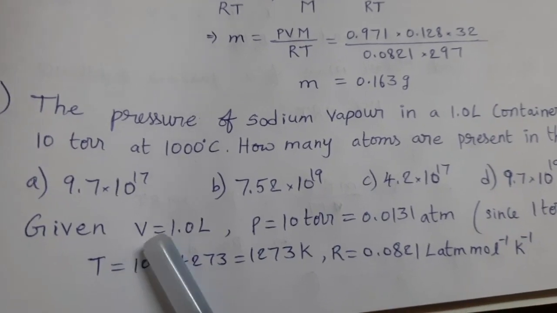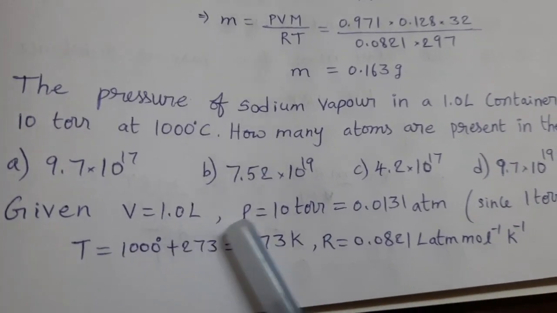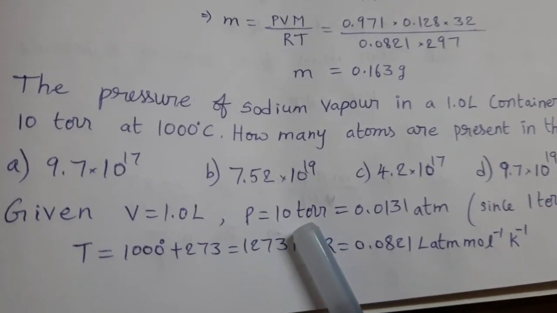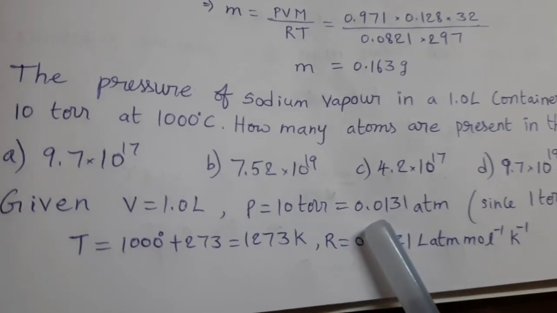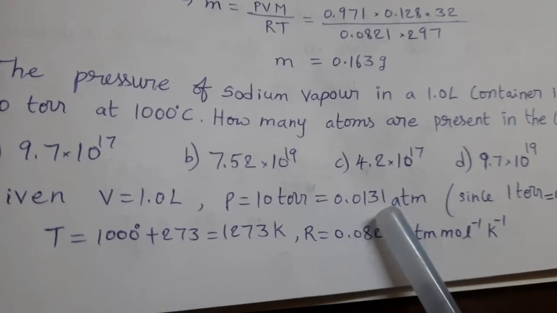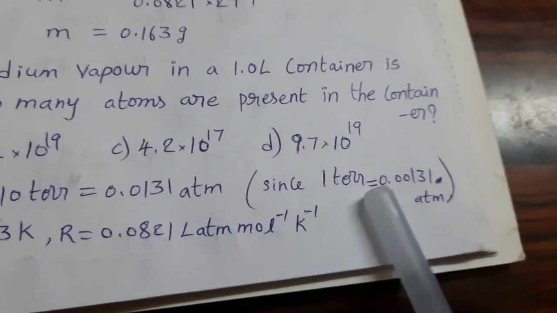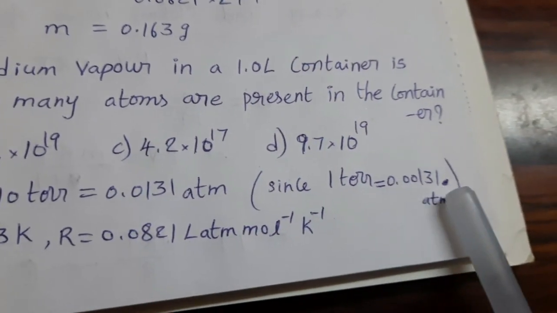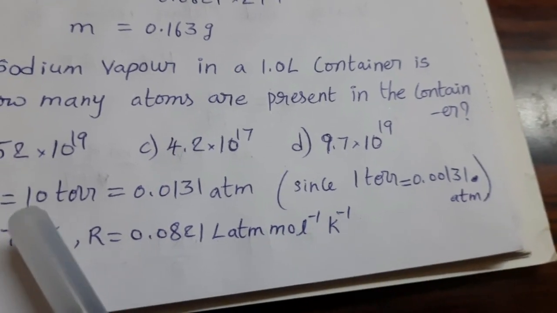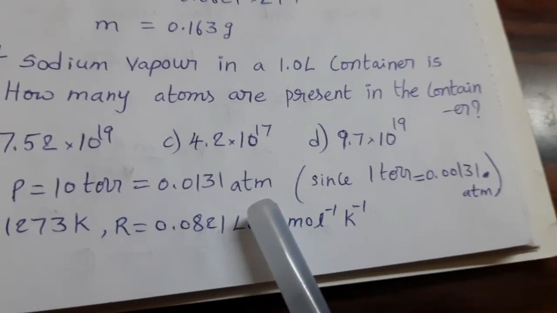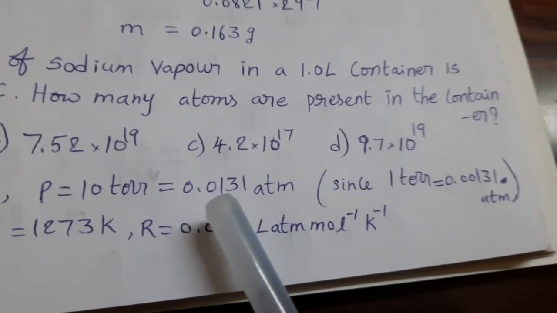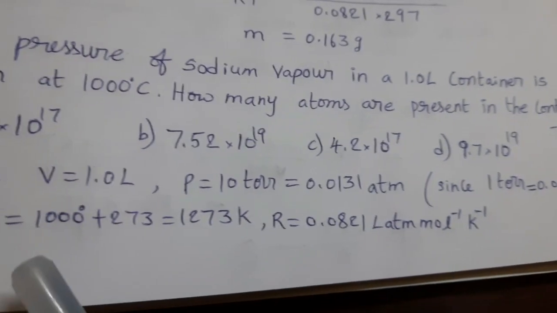So given V = 1.0 liter, pressure P = 10 torr, in atmosphere 0.0131 atmosphere, because 1 torr equals 0.00131 atmosphere. Here 10 torr is given, in atmosphere value is 0.0131.